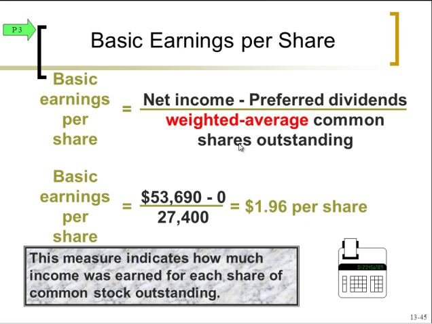So if you have some of the shares that were only there for 50% of the year, they would be weighted at 50%. Then if you have other shares that were there 100% of the time, they'd be weighted at 100%. In this case, it's $1.96 per share. In other words, if this company was to pay out all of their net income in dividends, so they didn't retain anything, this is what the common shareholder would expect to get.